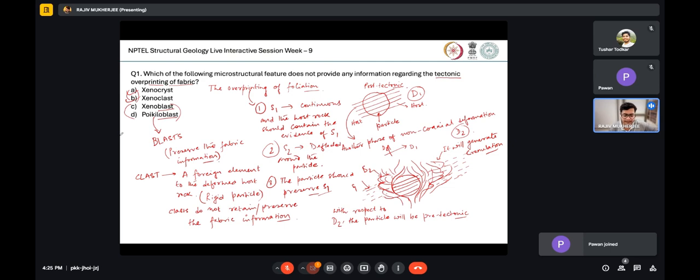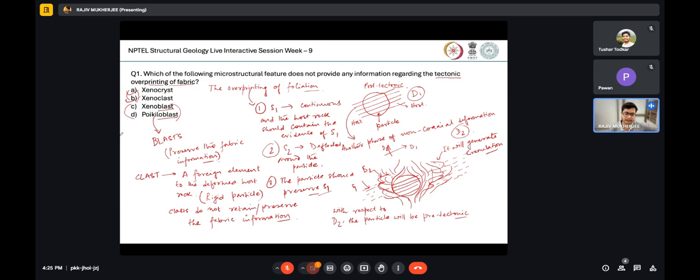And during that blastocyst, the blast should, in more general terms, be a single crystal. But a clast may or may not be a single crystal. A clast can even be a polycrystalline aggregate.